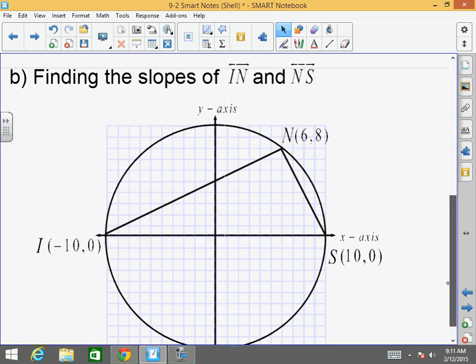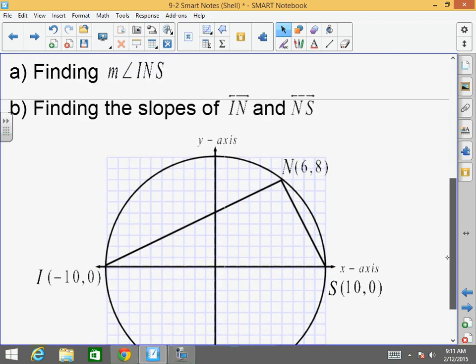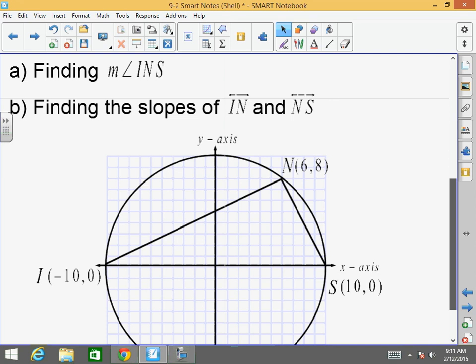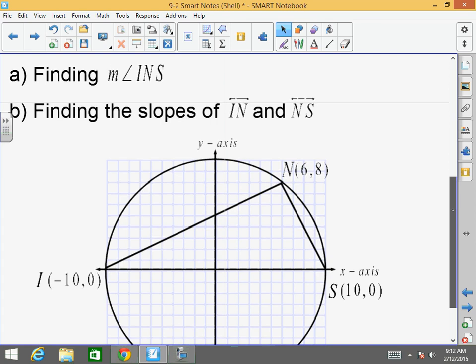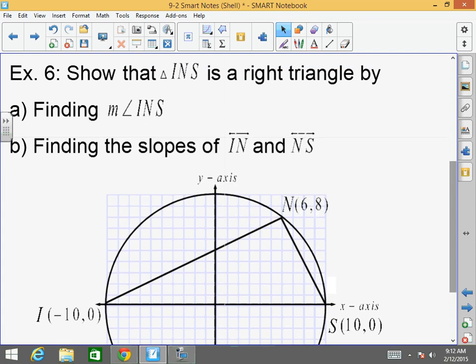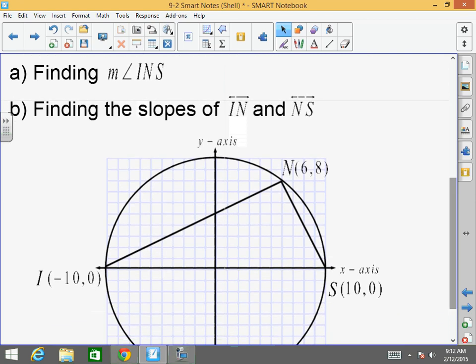And last but not least, I want to find the measure of angle INS, and then I want to find the slopes of IN and NS in order to prove that triangle INS is a right triangle. So, first of all, I want to find the measure of angle INS.